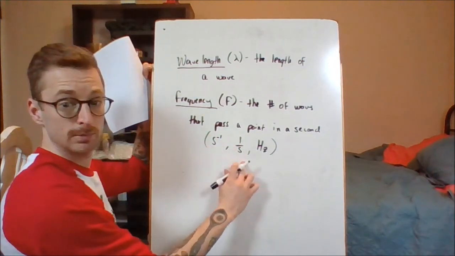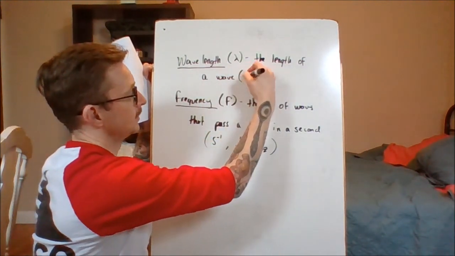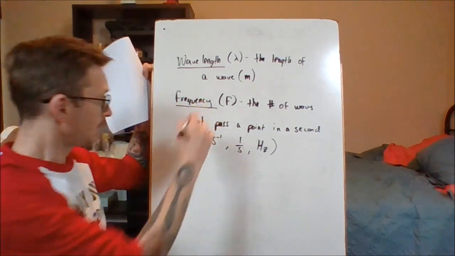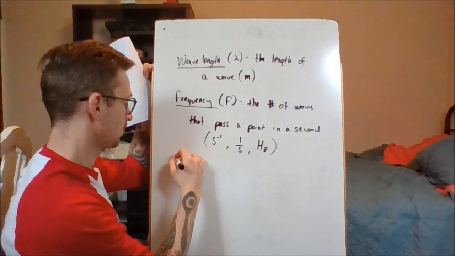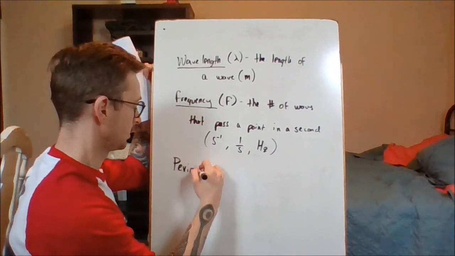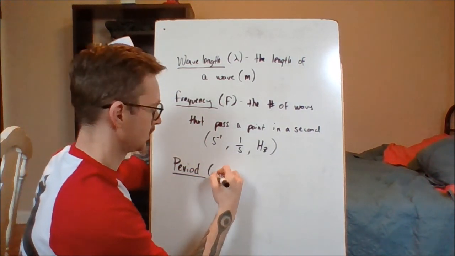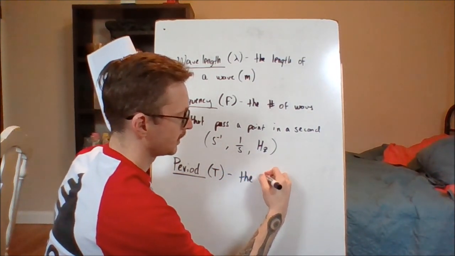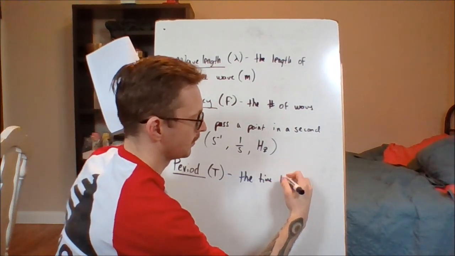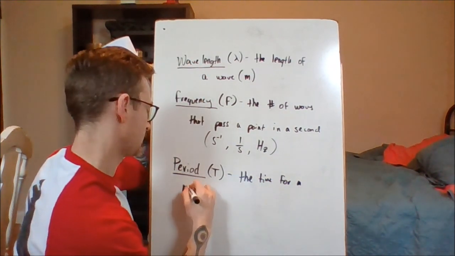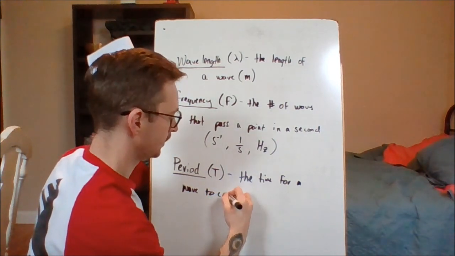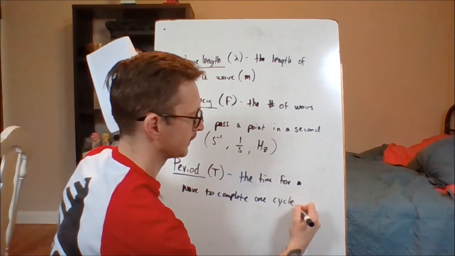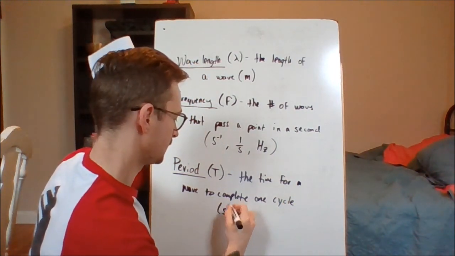All of these are the same. By the way, wavelength is also just measured in meters. The other thing that we need to know is the period. This is big T. This is the time for a wave to complete one cycle. This is measured in seconds.